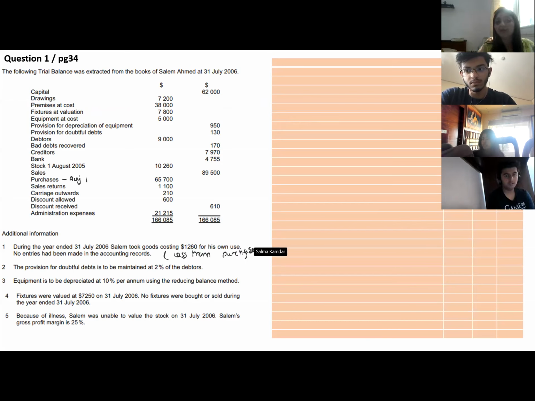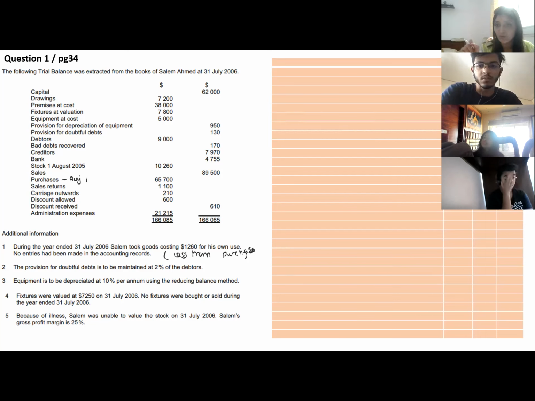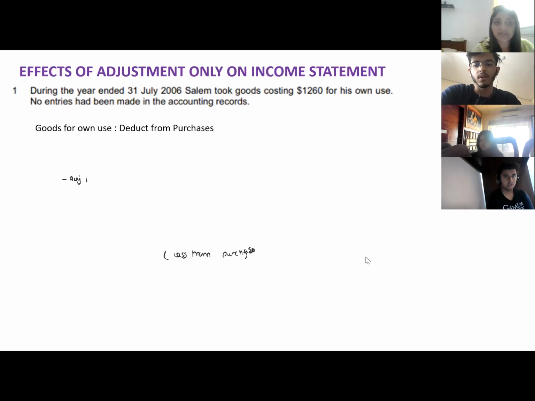It is coming in the cost of sales section, but you are going to deduct it from purchases. So you have to write it in your book. Is it done? Okay, let's go to the next one.